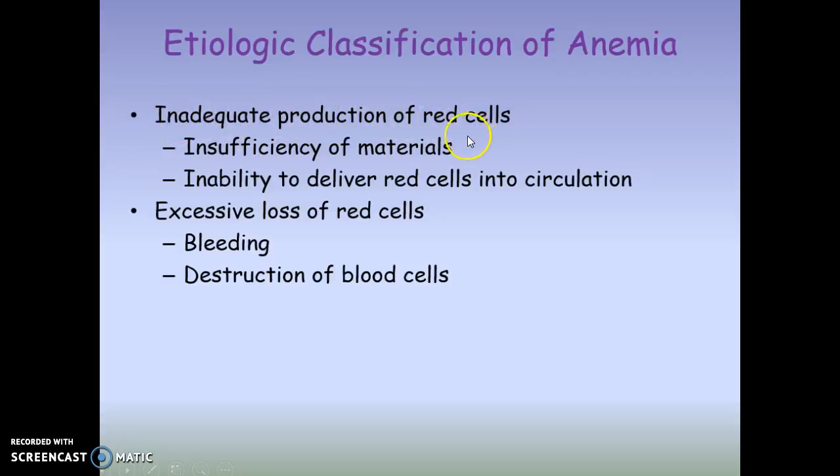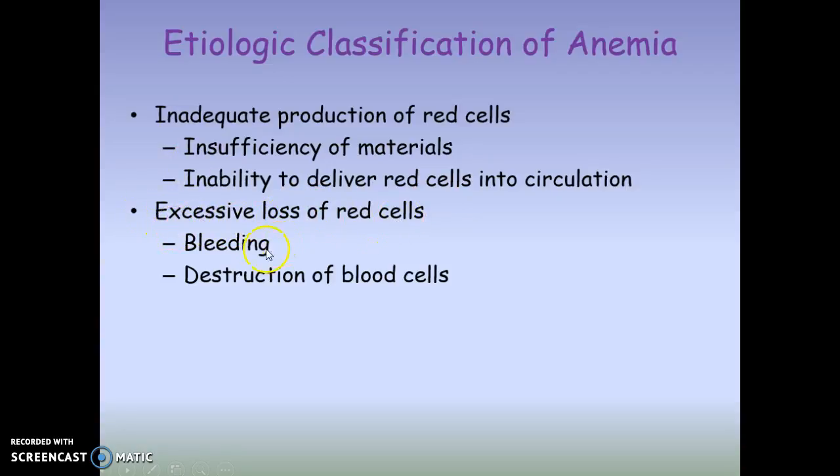Why would there be an inadequate production? You can have an insufficiency of materials: your body has the ability to make red blood cells, but it doesn't have the components, the building blocks, to do that. Or is there an inability to deliver red blood cells into circulation? They're being made, but they can't get out of the bone marrow.